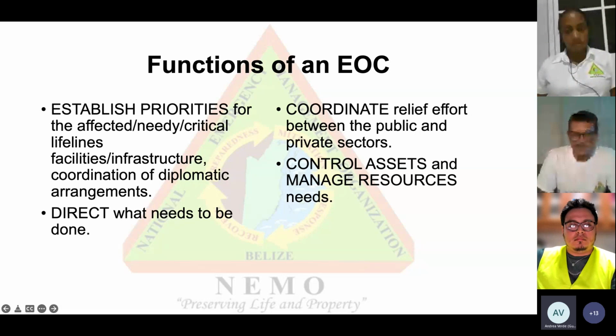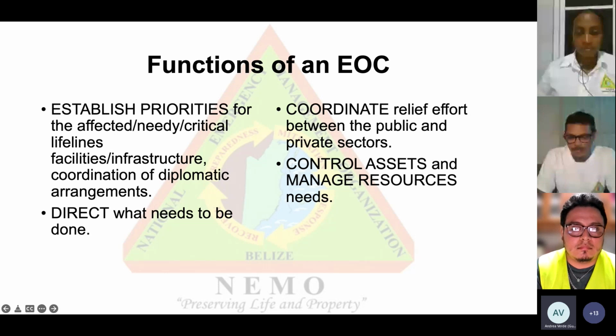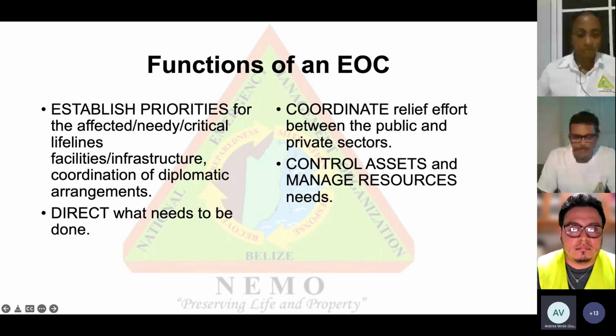In summing it up, as basic as I can, an EOC is where you have command and control. That's the simplest term I can use to describe an EOC, the place where you have command and control.